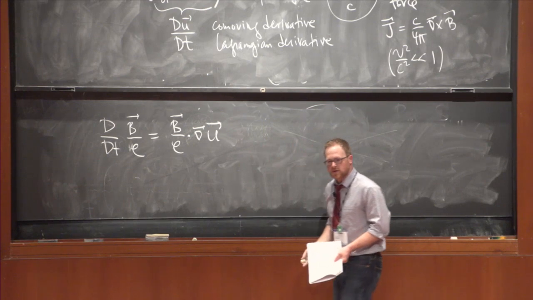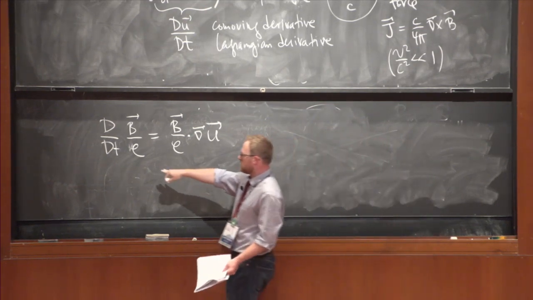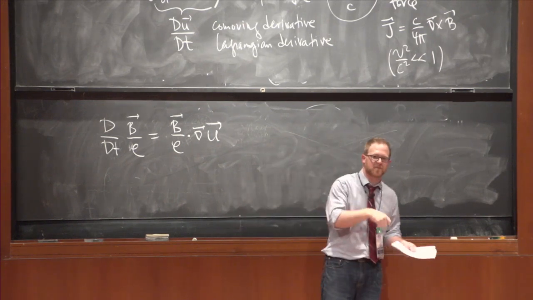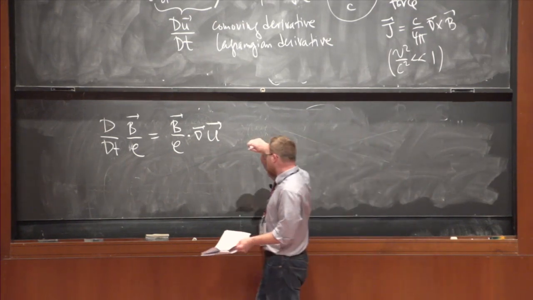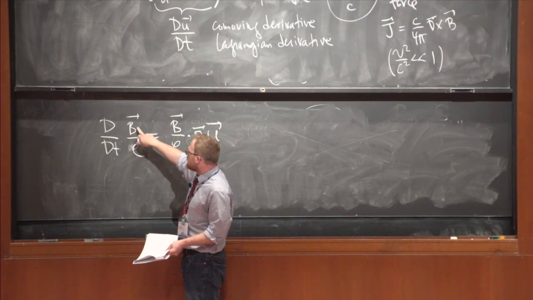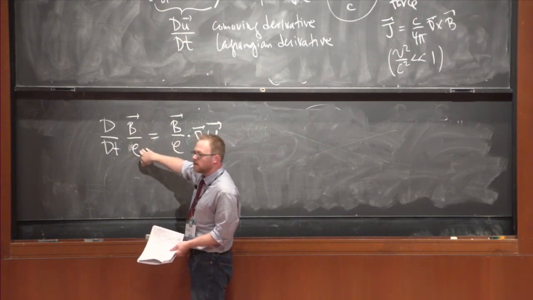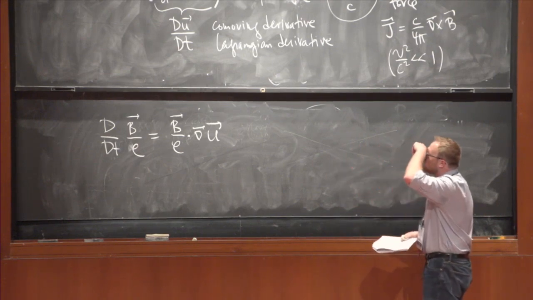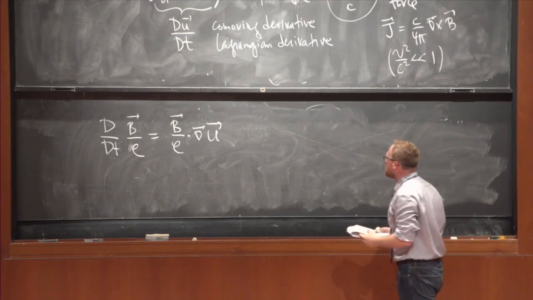And you get this equation. So remember this d by dt, it's the co-moving time derivative. So pick a fluid element, move with it, measure d by dt in that frame. And what I've done here is I've divided the magnetic field vector by the mass density, and it satisfies this nice equation.